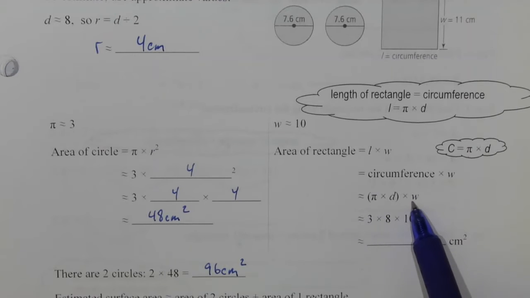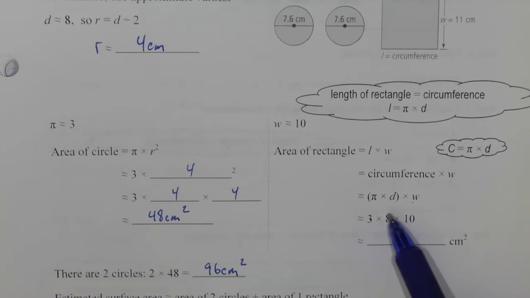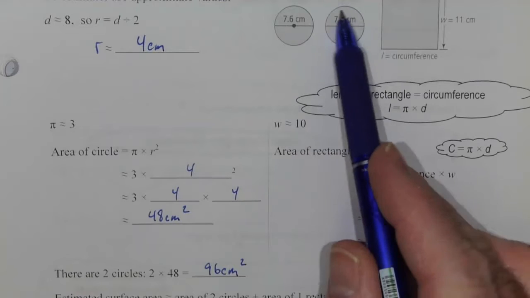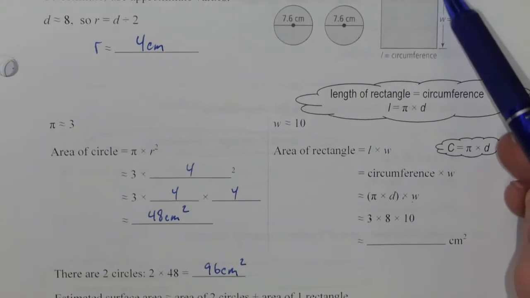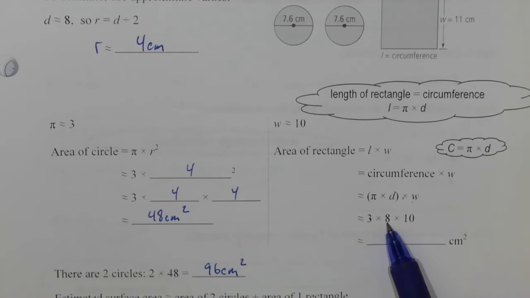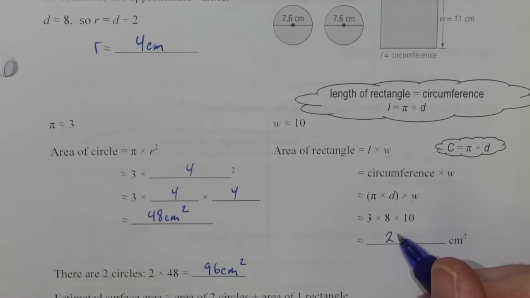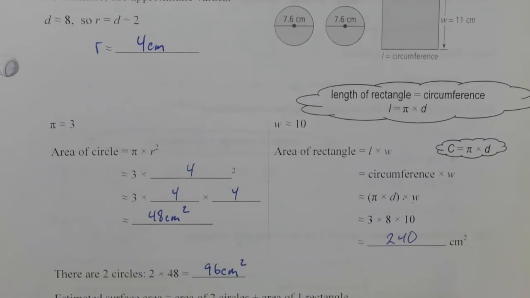Circumference is pi d times w. Pi we're going to use as 3. Diameter we're going to estimate to be around 8 because it's actually 7.6. And width we're going to estimate as 10. So 3 times 8 is 24, times 10 is 240 centimeters squared.